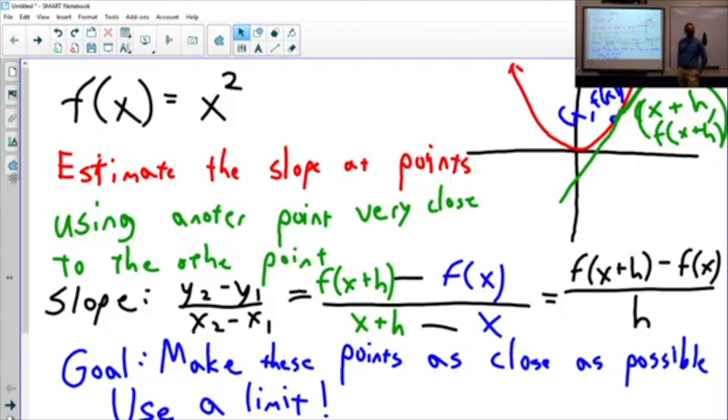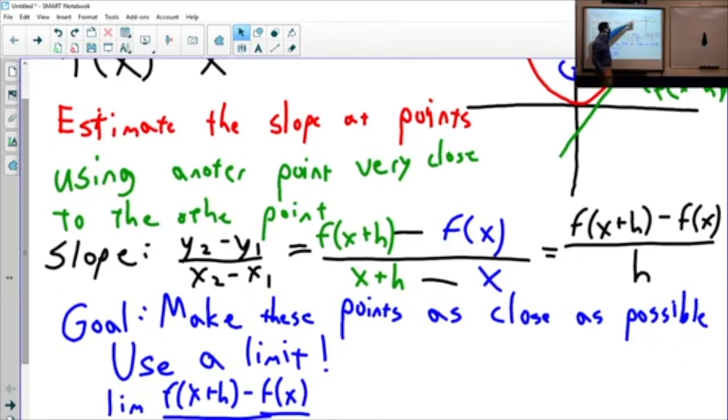It was h, right? This h was this little nudge to the right that we did. And that little nudge to the right of the blue point is what I want to get smaller and smaller and smaller. So h is what I want to be in control of.